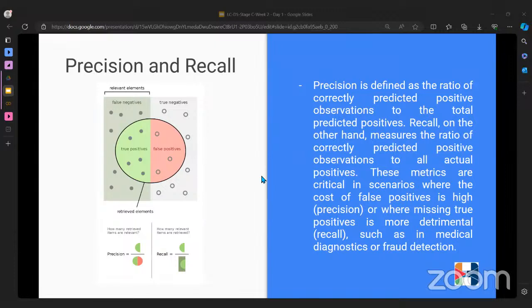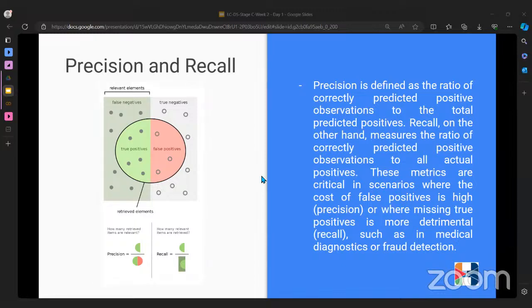Of all the actual positives, how many were correctly identified by the model? Recall is crucial in contexts where missing a positive instance has serious implications, and that will mostly be in the medical industry. You wouldn't want, maybe, someone to have cancer and you classify the person as negative.